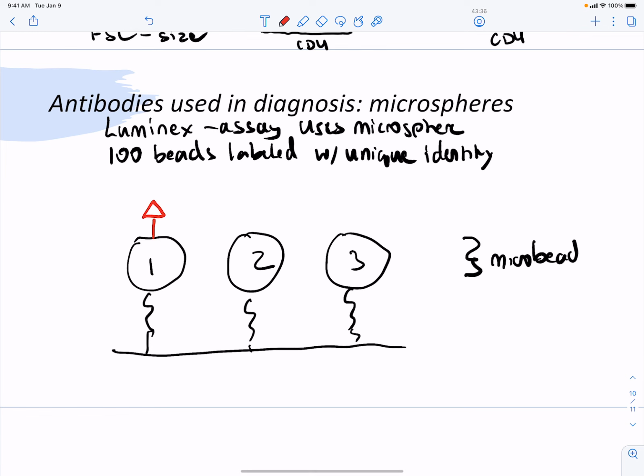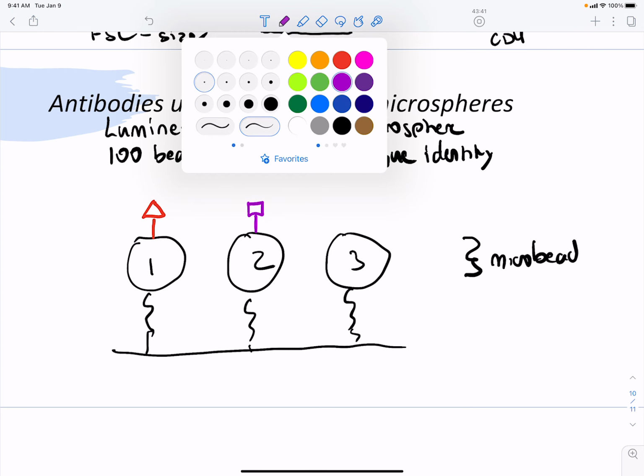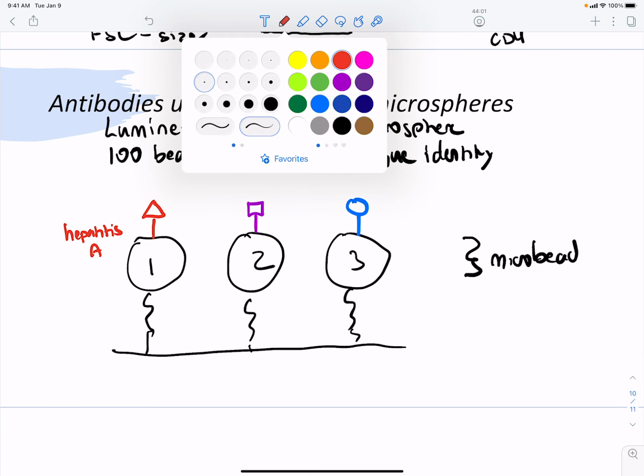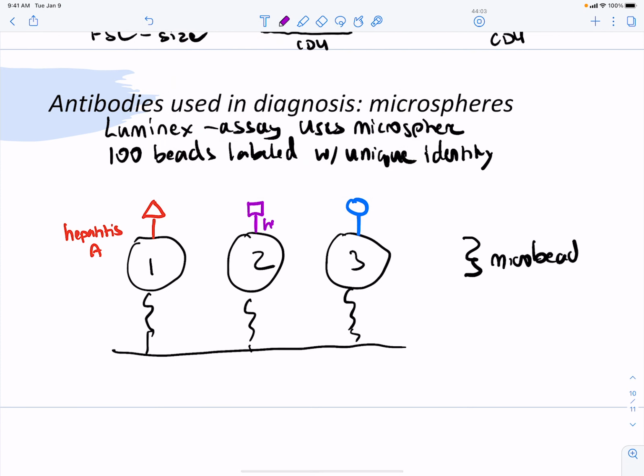So one might have a triangle, the other one might have a square, and the other one might have a blue circle. And each of these targets is something that you're interested in seeing if an individual has a response to. So for example, this red triangle might be hepatitis A, and you can have the purple be hepatitis B, and you can have the circle be hepatitis C.